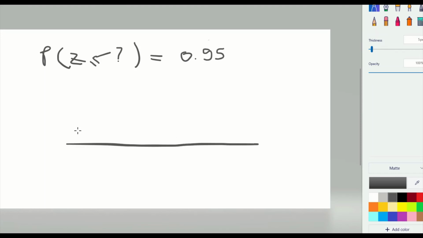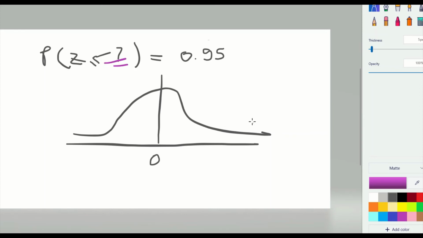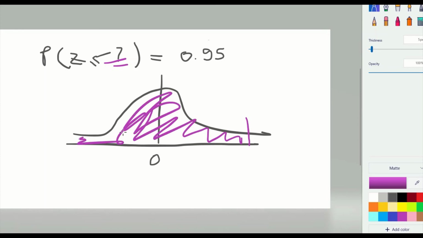That means that if this is the Z distribution, again centered at 0, you need to find that value, which obviously has to be somewhere here, so that the entire shaded area here is equal to 95. Okay, so let me show you how you do that.